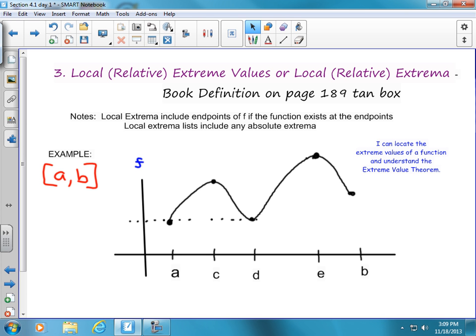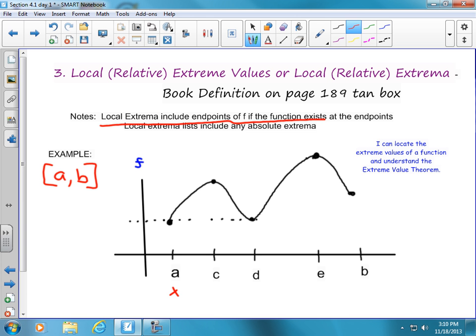In your book, it also talks about what are called local minimums and local maximums. They could also be called relative maximums and minimums. That means that at that area of the curve, you have a maximum, or at that area of the curve, you have a minimum. So local extrema also include endpoints if the function exists at the endpoints.